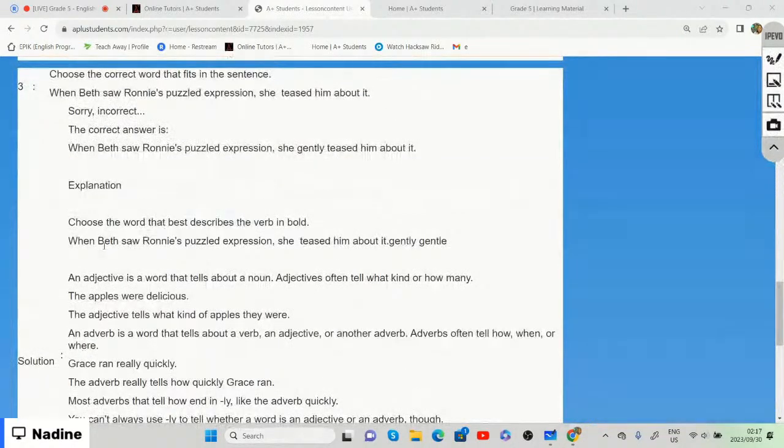So when Beth saw Ronnie's puzzled expression, she gently teased him about it, or she gentle teased him about it. We need to describe the verb.